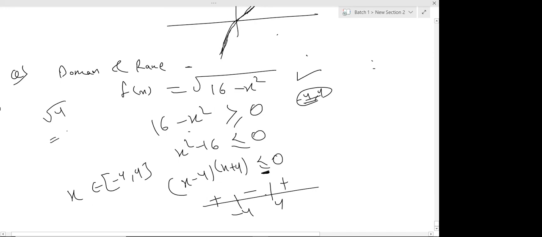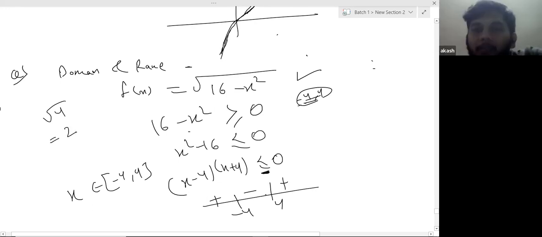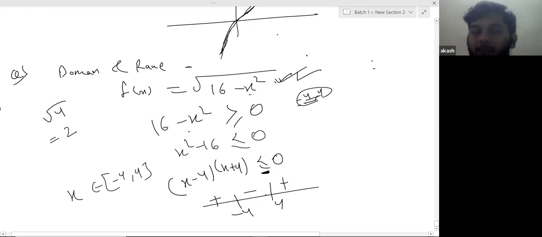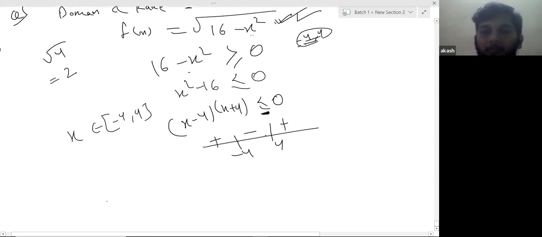Sir, 2. So how can you get -4 to 4 in range? The minimum value is 0, when x is 4 or -4. After that, it will get maximum value 4. So domain we got -4 to 4. Range will be 0 to 4, including both. Clear?